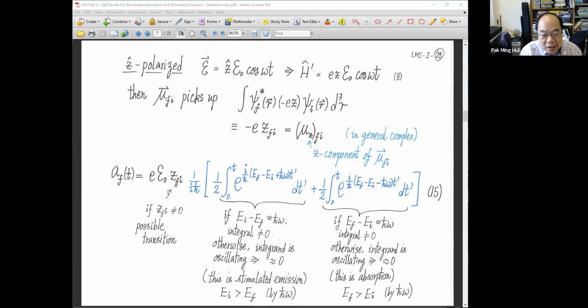The first term is emission. Do you get the point? Any question? Because afterwards, we will just play with the integral and see what additional physics comes out from the integral.